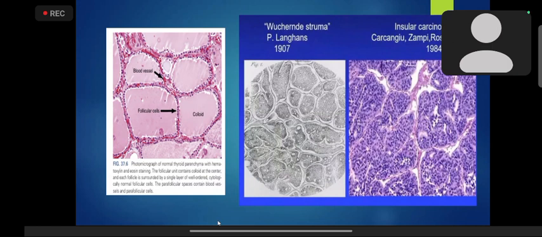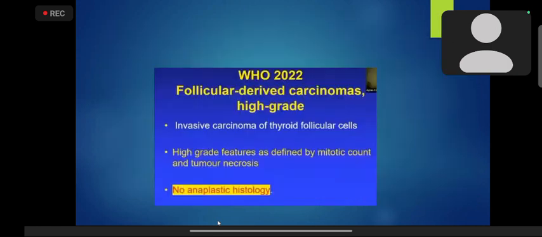And this is insular carcinoma, described by Carcangiu, Zampi and Rosai in 1984. WHO 2022 has classified follicular-derived carcinomas as high grade, defined as invasive follicular carcinoma of thyroid follicular cells. High grade features are defined by mitotic count and tumor necrosis, and there is no anaplastic histology in it.